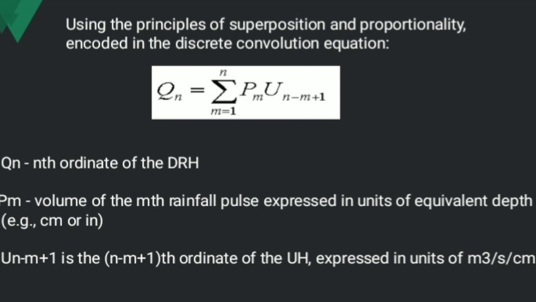Pm is the volume of the mth rainfall pulse expressed in units of equivalent depth. U(n minus m plus 1) is the (n minus m plus 1)th ordinate of the UH expressed in units of meter cube per second per cm.